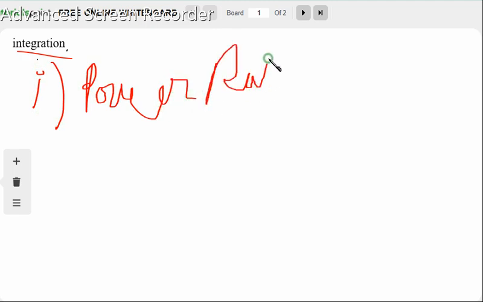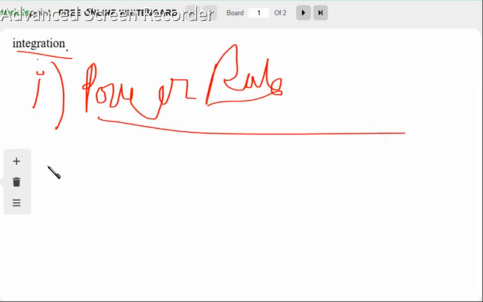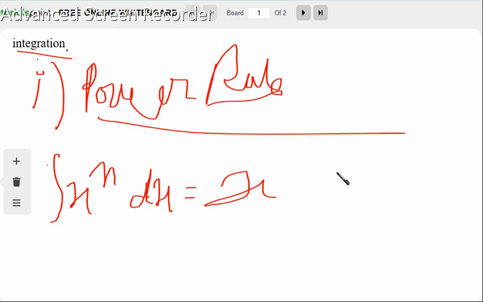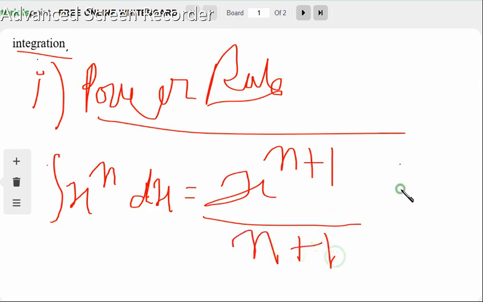According to the power rule, if we are given the integration of x to the power n dx, then we would get x to the power n plus 1 divided by n plus 1, plus c, which is the constant of integration.